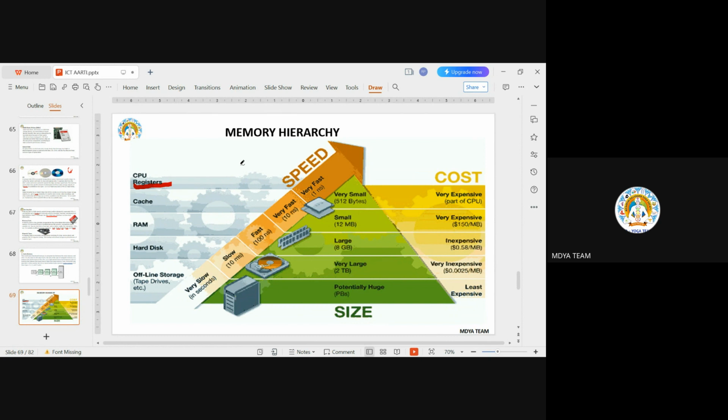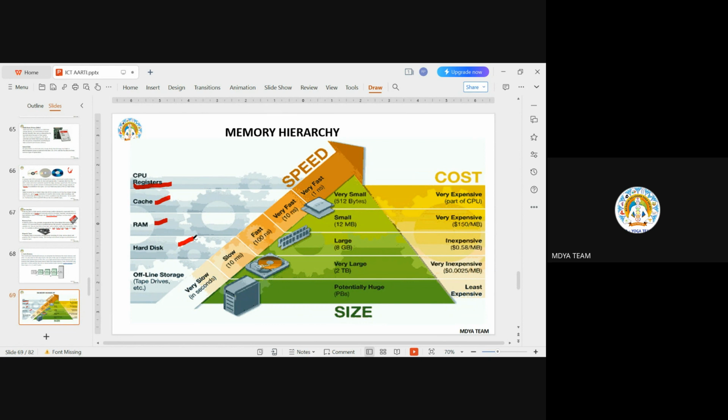Now we understand the speed. Memories that are close to the CPU have much more speed than the other devices. Registers are much faster than cache, cache is much faster than RAM, and RAM is much faster than the hard disk.